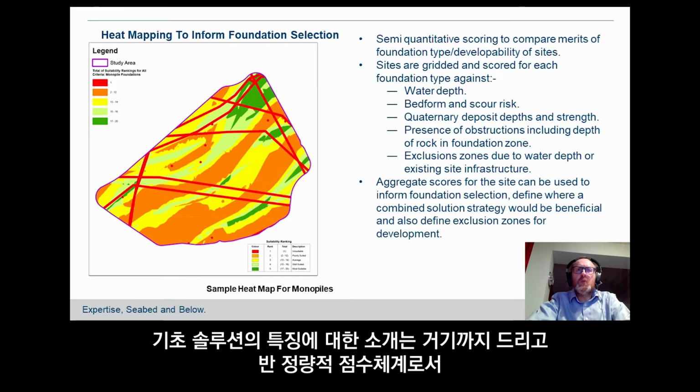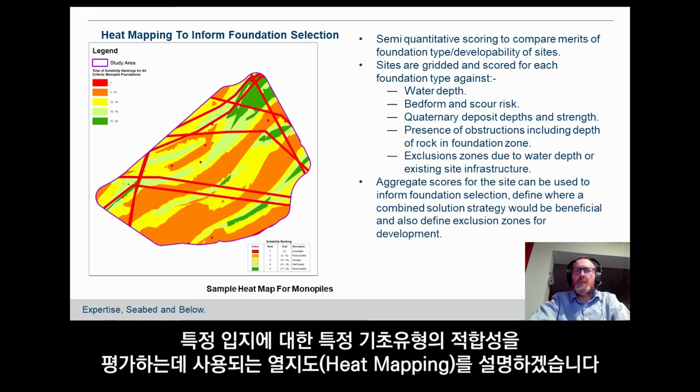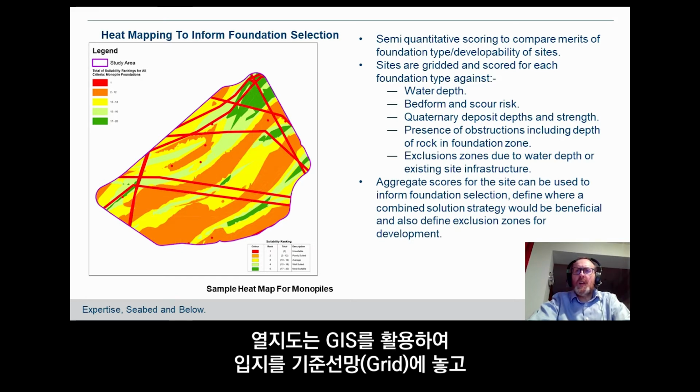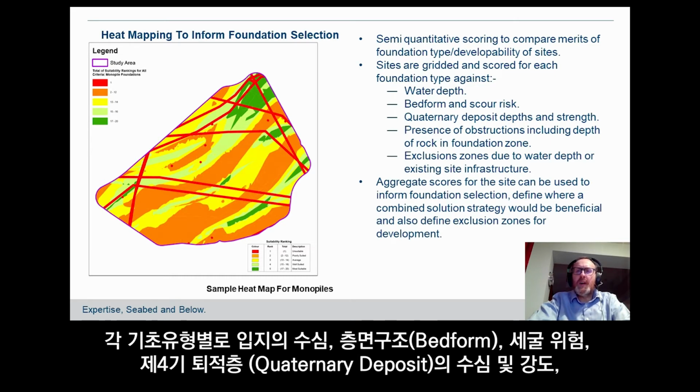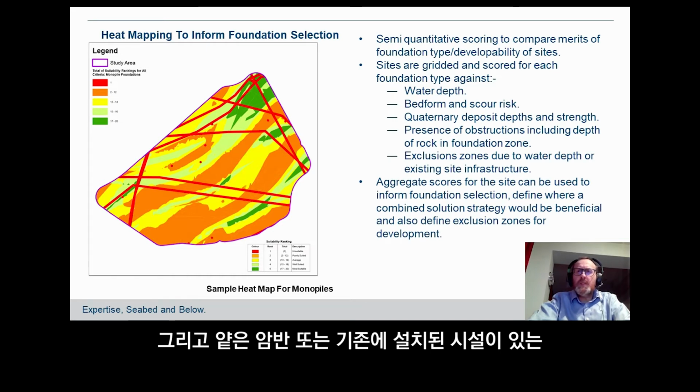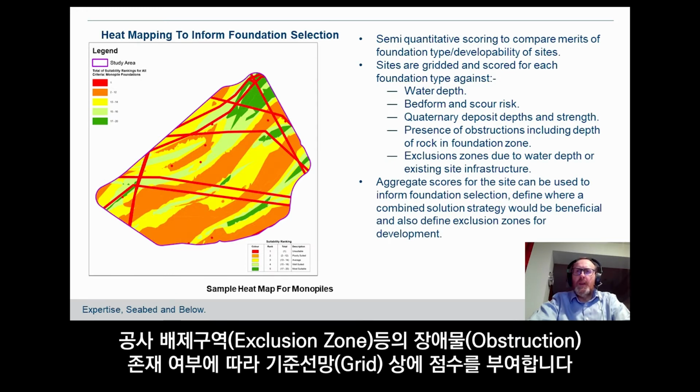So just moving on from particular solutions, let's talk about heat mapping, which is a semi-qualitative scoring mechanism that could be used to assess foundation selection on a particular site. This is a GIS technique whereby the site is gridded and then scores are identified on the grid for each foundation type on the basis of water depth, bed forms and scour risk, quaternary deposit depth and strength, and the presence of obstructions such as shallow rock or exclusion zones where there might be existing infrastructure.